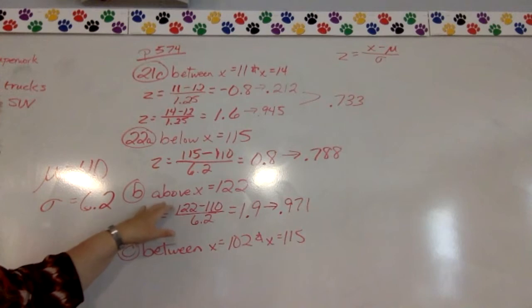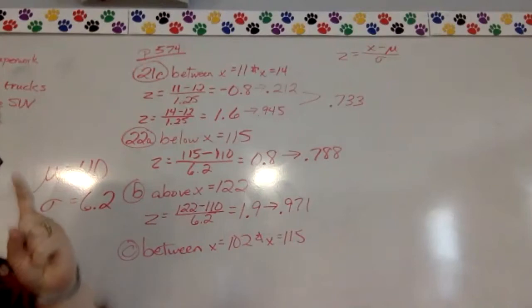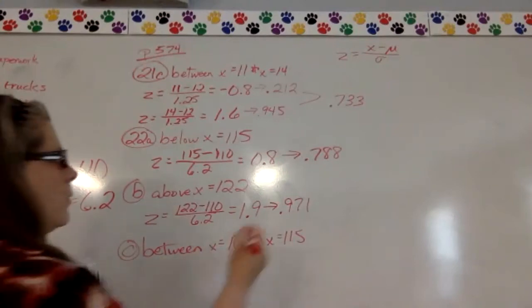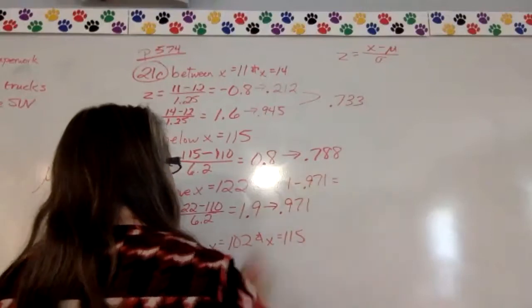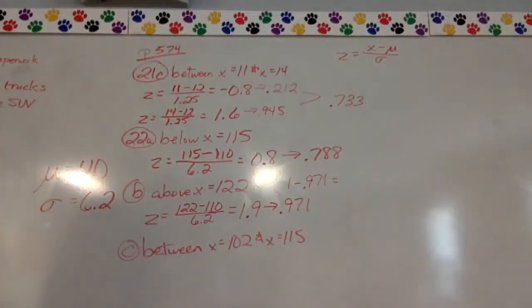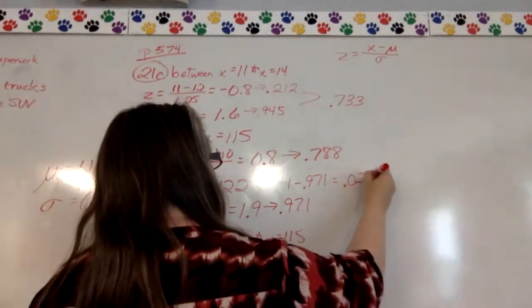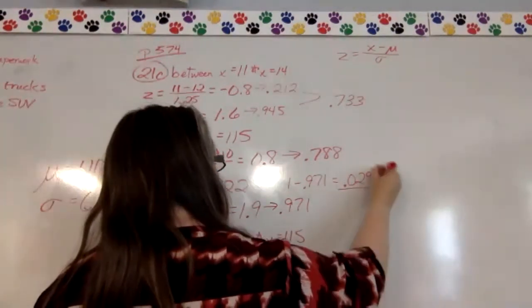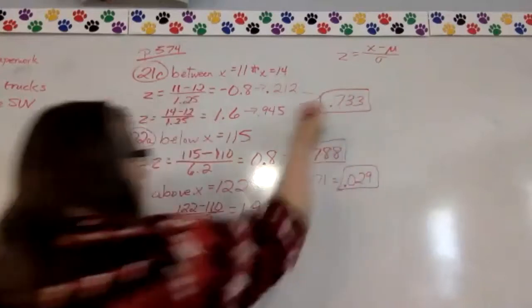Area above. So when we do that, we have to subtract this from what number? 1. So you're going to take 1 minus 0.971 and get 0.029. So that's your answer for part B. Okay.